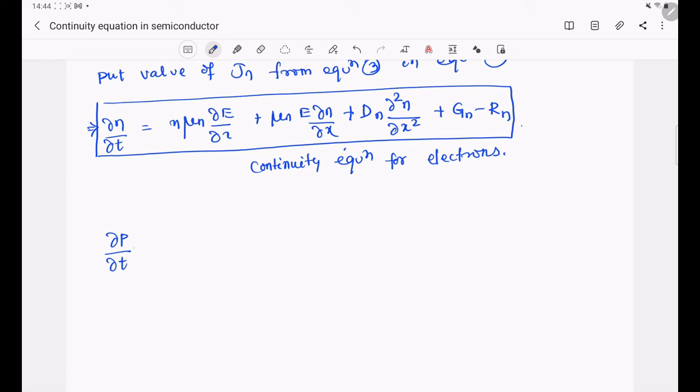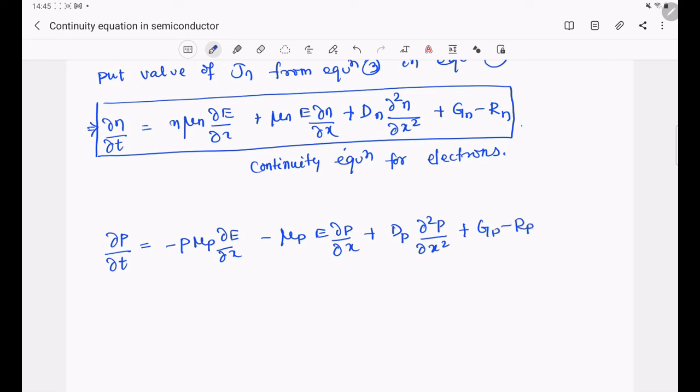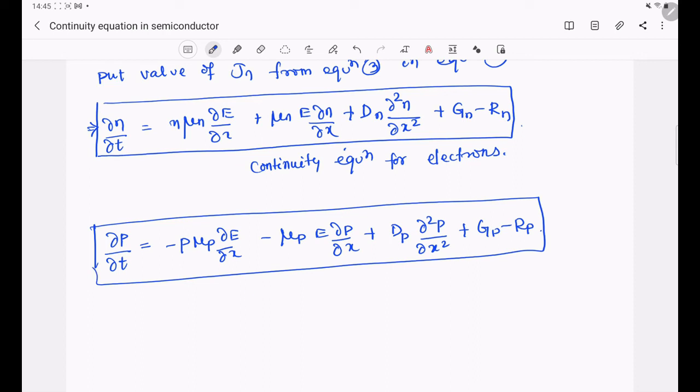The increase in holes per unit time will be equal to... so this one is the continuity equation for holes.